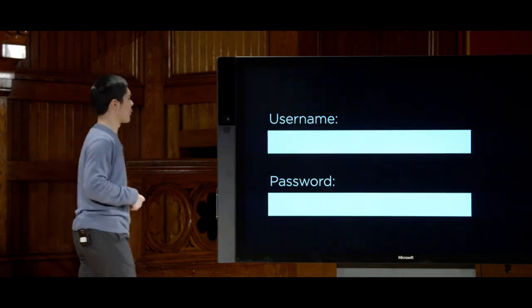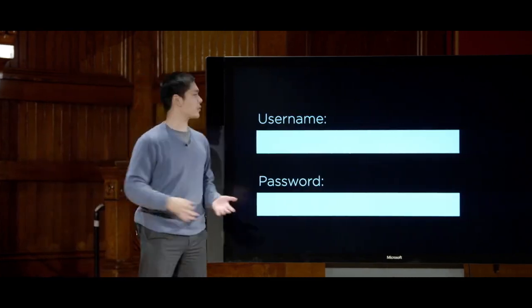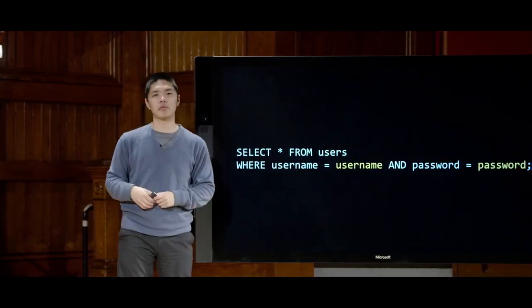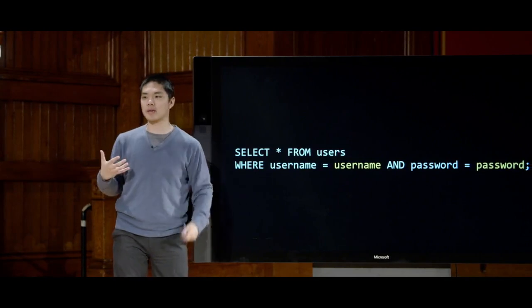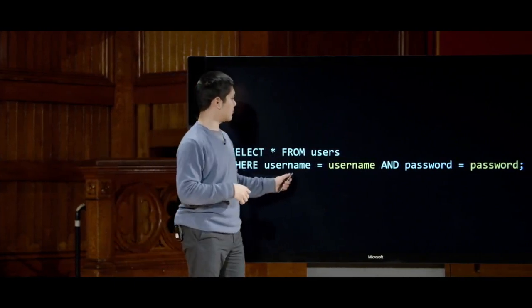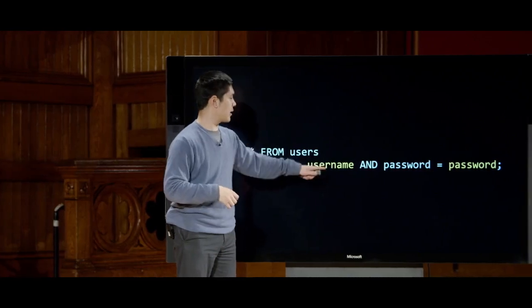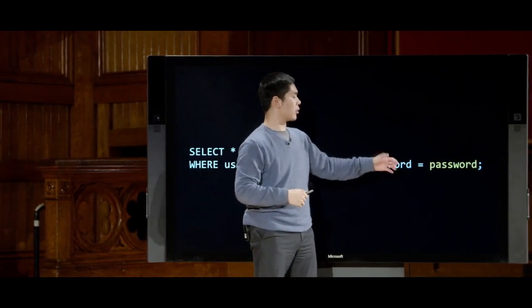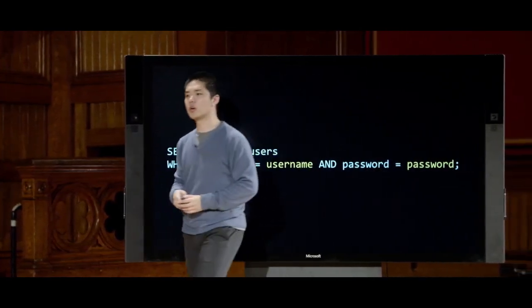And we have a login form for a website that looks like this, where you get to type in your username and your password. And so if someone types in their username and password, what might happen is that the web application might select star from users, where username equals this particular username, highlighted here. We're just going to substitute the username right there. And password equals, and we'll substitute the password over there.